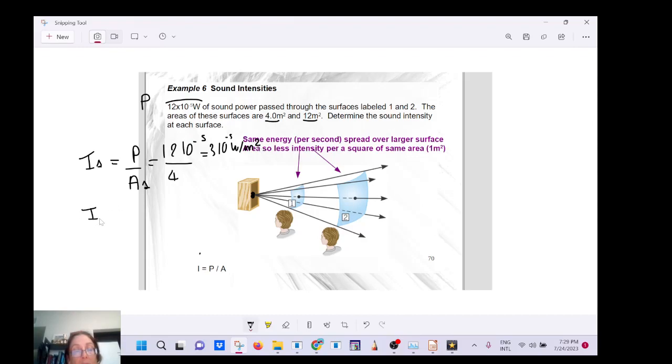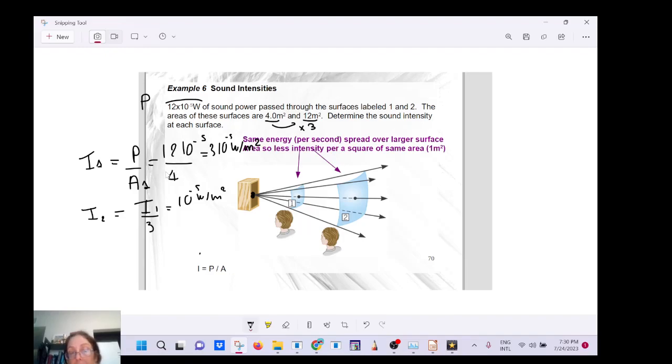So I2: you see the area between here and there is multiplied by 3. So that means the intensity will be divided by 3. So I2 equals I1 divided by 3, which is 10 to the negative 5 watt per meter square.